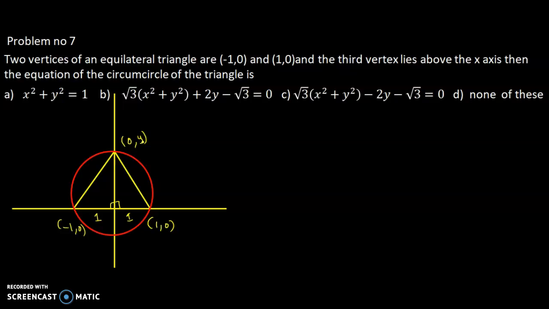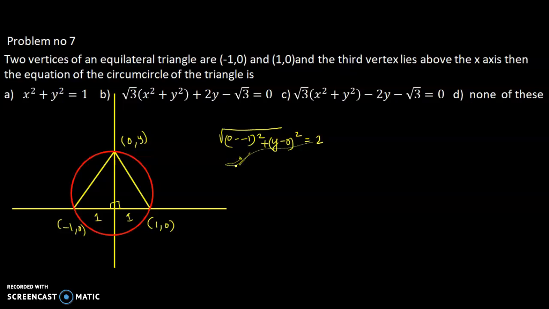Now let us find this y. To find that y, the side of the triangle is 2 centimeter, and that is clear from the base. Now the length of this side is also 2 centimeter. This side can be calculated using the distance formula. So from the distance formula, root of (0 minus minus 1) the whole squared plus (y minus 0) the whole squared is equal to 2.